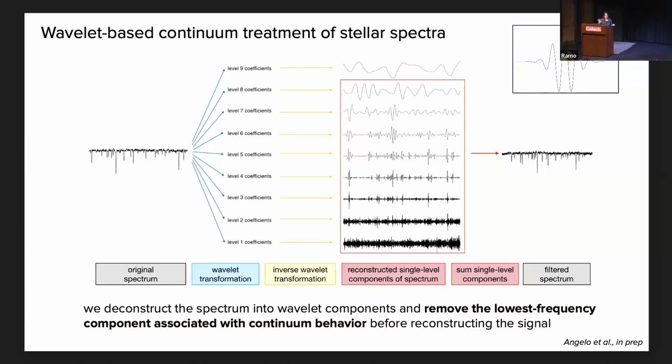So we essentially just decompose the signal, remove that continuum level from it, and then inverse wavelet transform to get back a wavelet filtered signal that essentially doesn't have these continuum variations in it anymore.